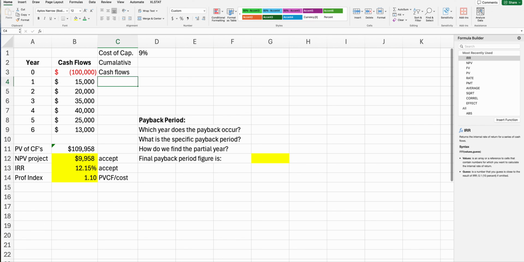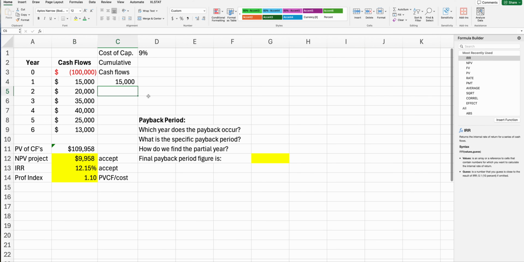Okay, so what do we mean by cumulative cash flows? Well, we're referring to how much cash flow in total have we experienced up through that year. So after year one, where we received $15,000 in cash flow, we would have, of course, $15,000 of cash flow. After year two, we would have experienced $15,000 in year one plus $20,000 in year two.